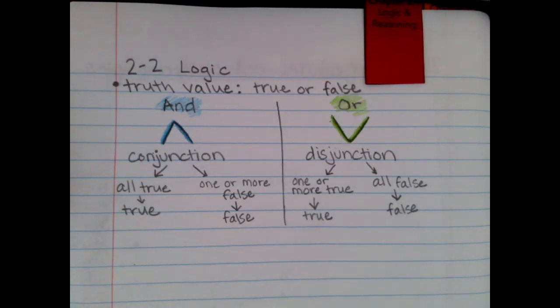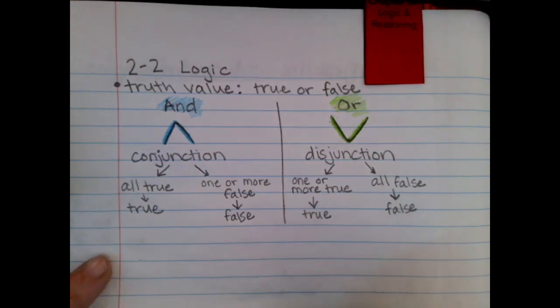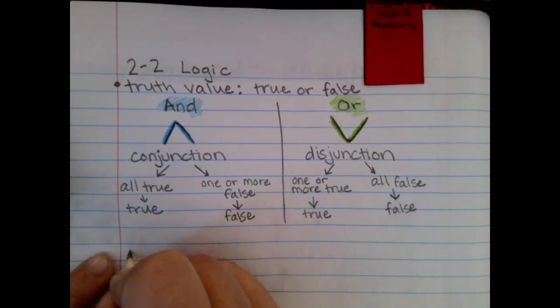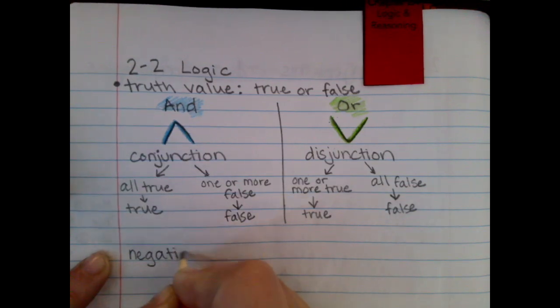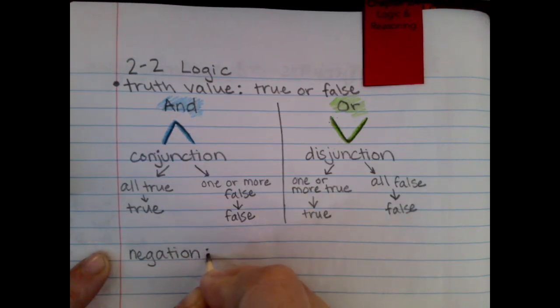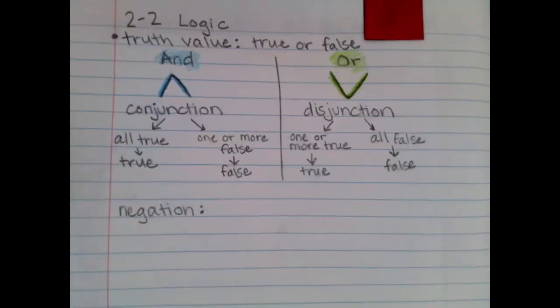All right, we have one more vocabulary word and then we just have a couple examples here. Our last vocabulary word for today is a negation. Now for a negation, we use that little squiggle mark.